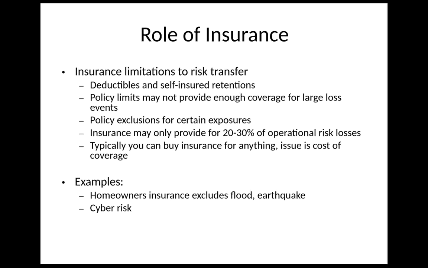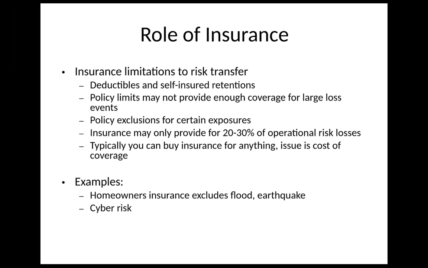Insurance may only provide 20 to 30% of operational risk losses. When you think about the operations of an organization, whether public sector or private industry, insurance really only covers 20 to 30% of the operational risk losses from a hazard standpoint. There are so many other things it may not cover, or there might be exclusions for.